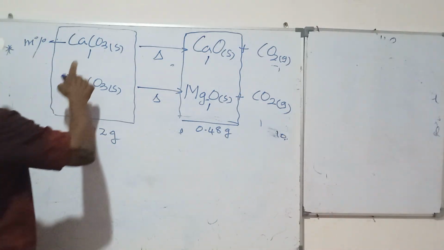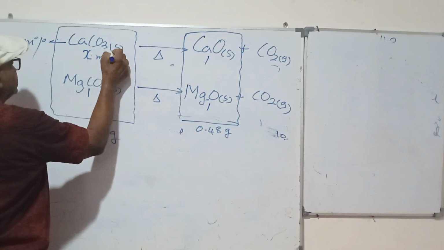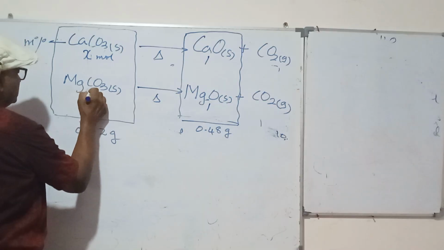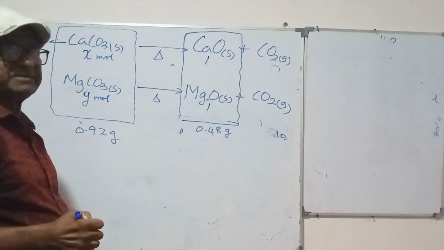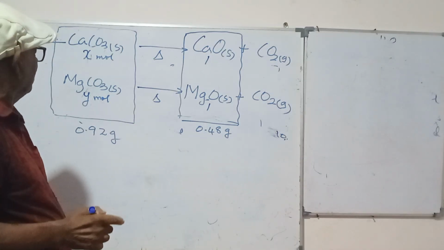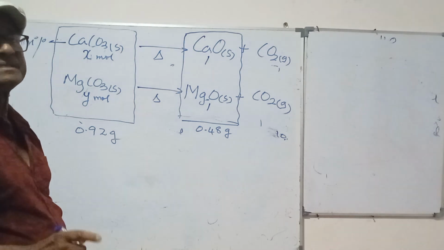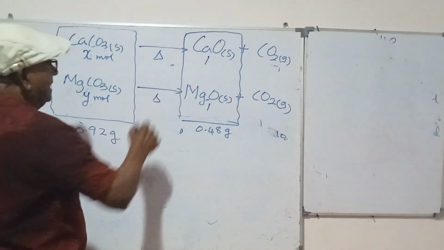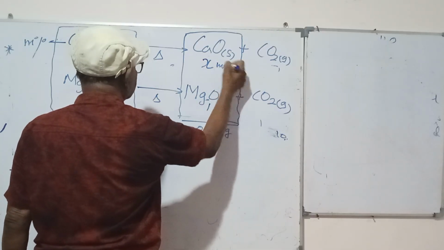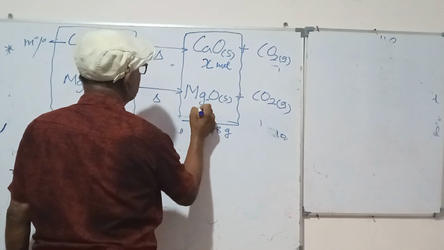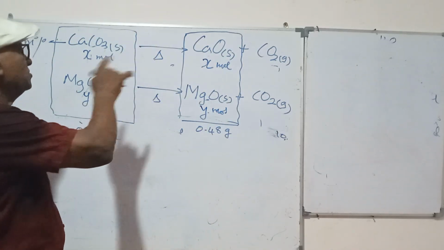If we assume X moles of calcium carbonate were taken and Y moles of magnesium carbonate also taken, X and Y are the initial numbers of moles of calcium carbonate and magnesium carbonate in the initial mixture. Then calcium oxide is also X mole, magnesium oxide also Y mole. It is clear, I think, because 1:1.